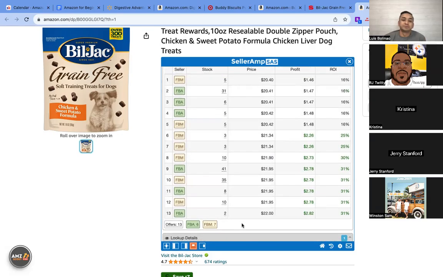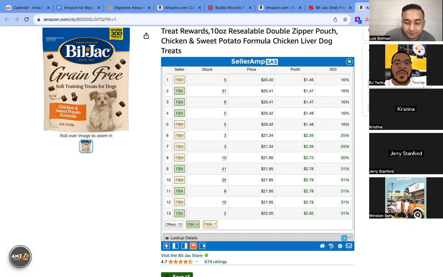I agree. Now, I do have a question on that. Hey, Jerry, when you're looking at the prices, because everybody's not at the same price that's selling this, is that a factor when you're determining whether this is something you would sell, because you're selling at close to the same price as the first few sellers?